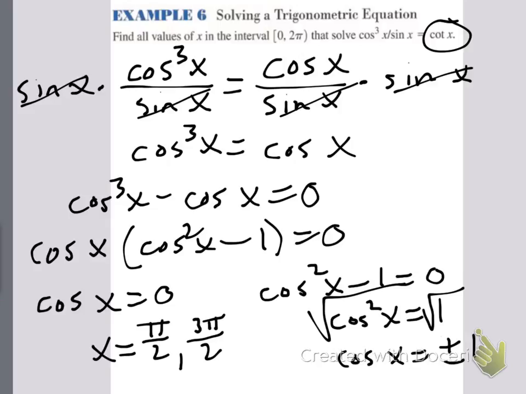Alright. Well, the cosine of x, when it's plus or minus 1, what we're looking at here is we want to know when the cosine is positive 1 and when the cosine is negative 1. So here's our problem.